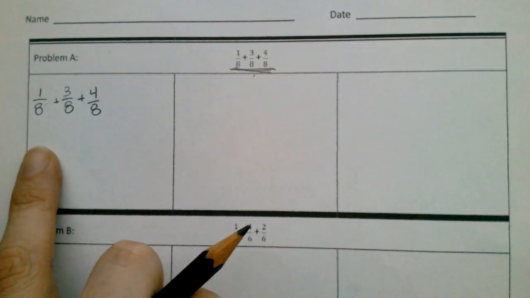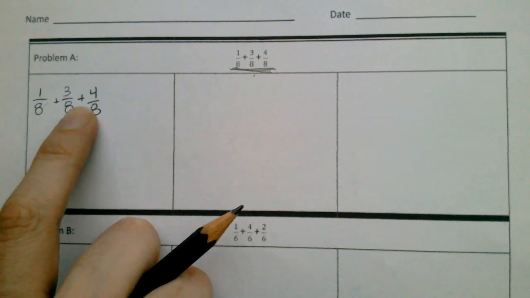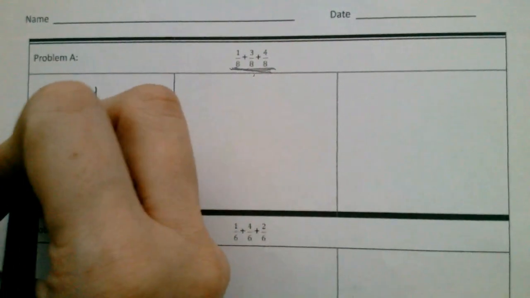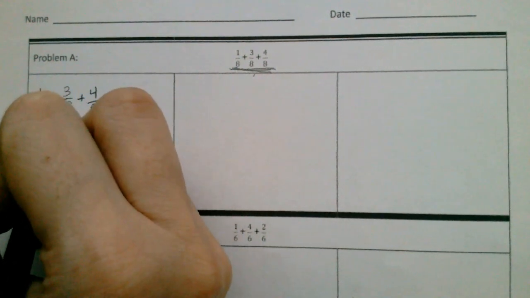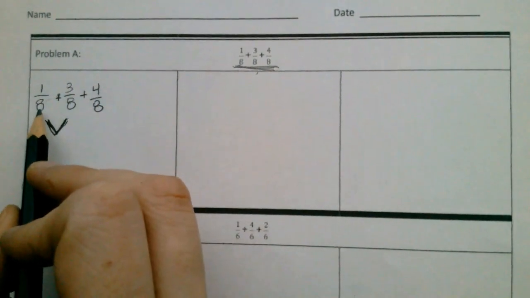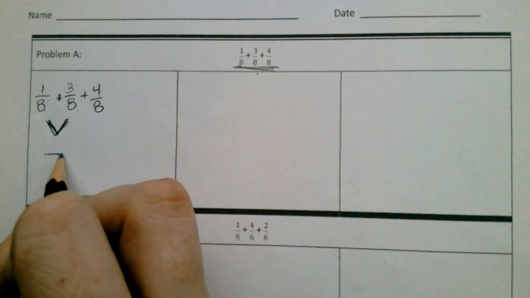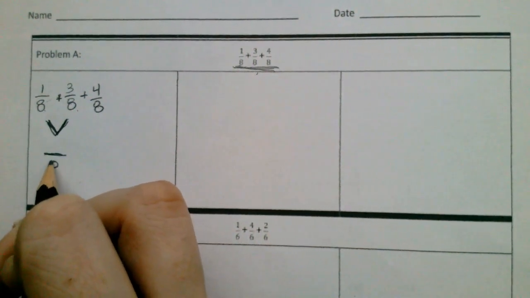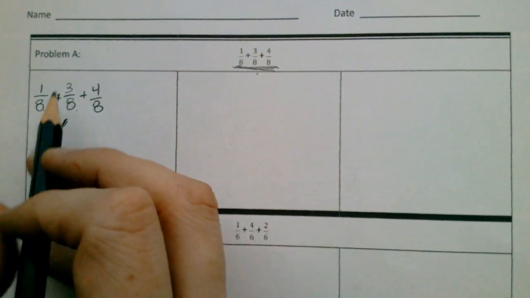When I start with a math problem, I always like to start by looking if I can just solve from left to right. In this case, let's add the first 2 things we see. We see 1/8 plus 3/8. They both have a common denominator of 8, and since I'm adding, I know I'm going to keep it the same if I add these two fractions together.